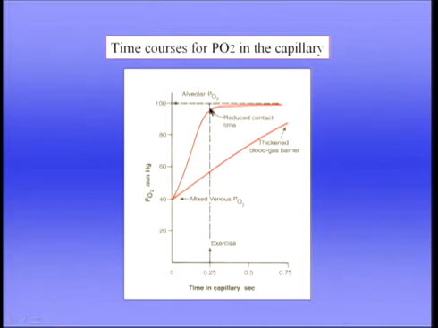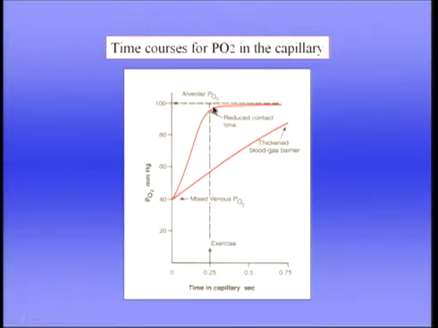As a matter of fact, we believe that some elite athletes at extremely high levels of exercise can show a minor degree of diffusion impairment just because the contact time is reduced. But that only occurs under exceptional conditions at very high levels of exercise.